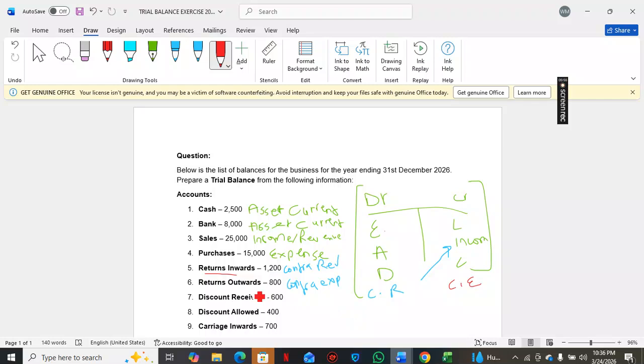I've shared this document in the group. Anybody, colleagues? Return inwards?